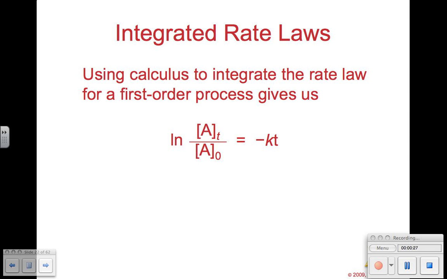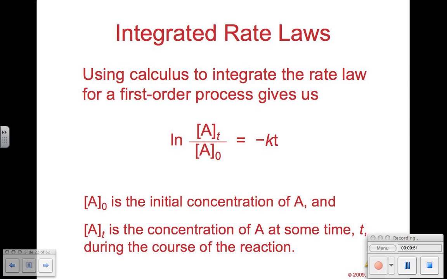But if we were to use calculus to integrate the rate law for a first order process, it gives us this equation: the natural log of the concentration of substance A at time t divided by the concentration of A at 0, the initial concentration, is equal to negative k, the rate law constant, times t, the time.